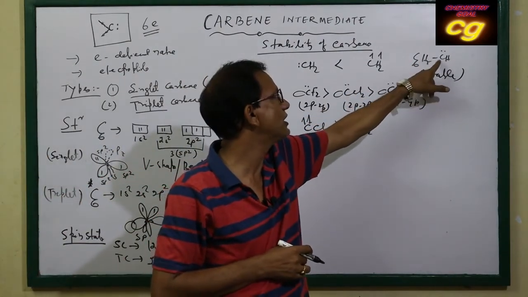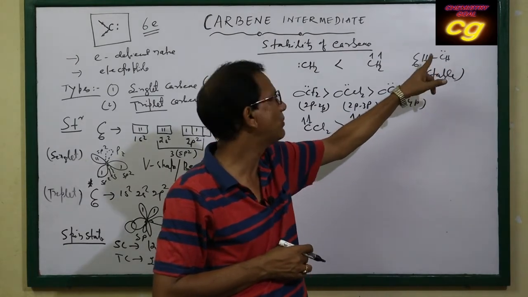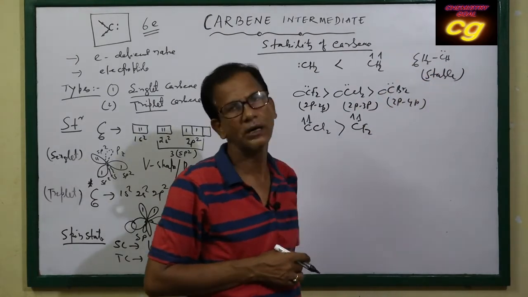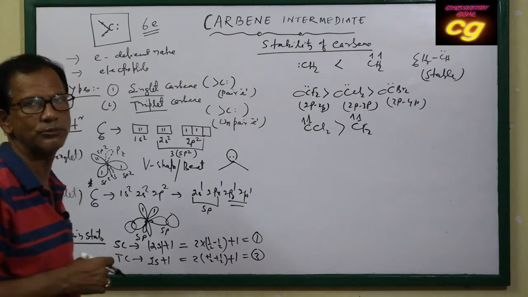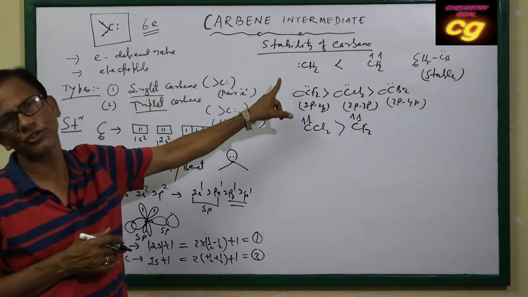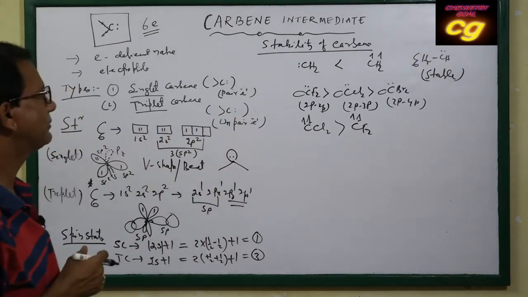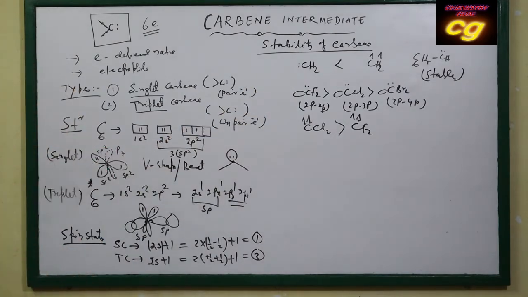It forms resonance with the adjacent carbon atom as it is electron deficient, so the pi bond can be shifted to the carbon atom. That's why it is also stable. So the stability of carbene depends upon the structure, whether it is triplet carbene or singlet carbene. This is regarding the stability.